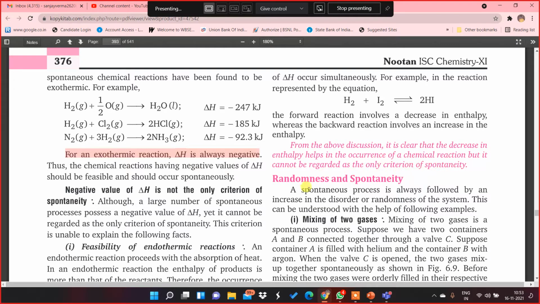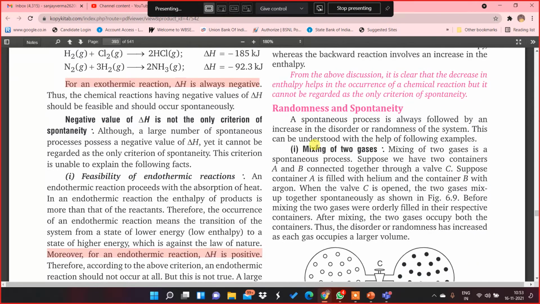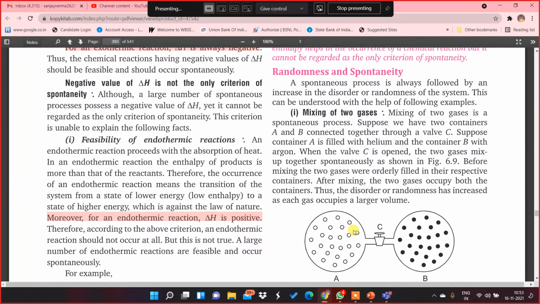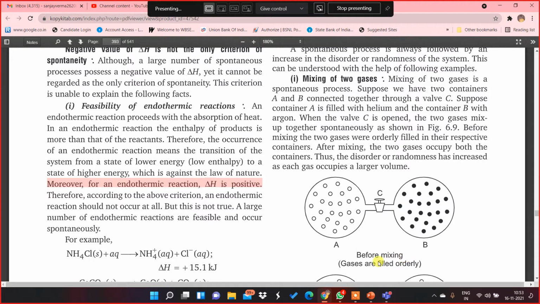So, randomness and spontaneity, let us discuss this. A spontaneous process is always followed by an increase in the disorder or randomness of the system. This can be understood with the help of this example, mixing of two gases. Look at this diagram. Before mixing, gases are filled orderly. Before mixing, this cap is closed.